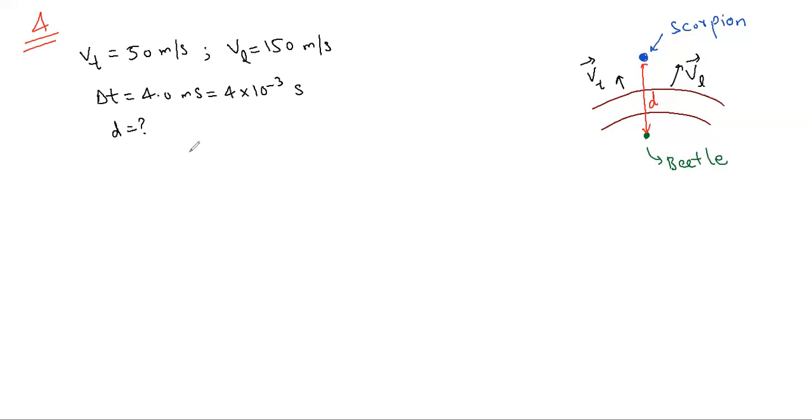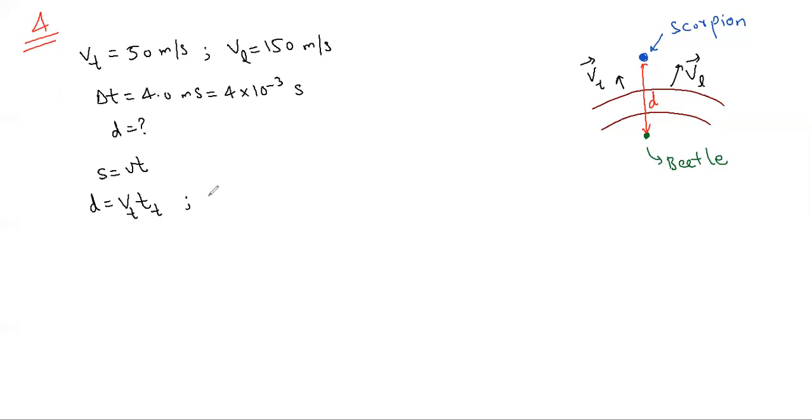Since both of the waves, whether transverse or longitudinal, are emitting from the same source, they will both have the same equation of motion, s is equal to vt. It means I can write d is equal to, for transverse wave, v sub t multiplied by t sub t.